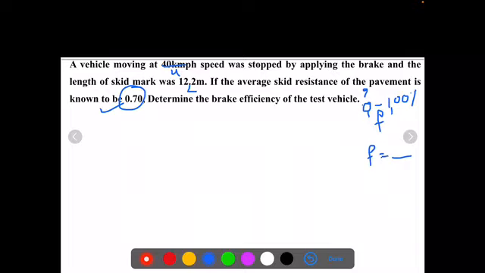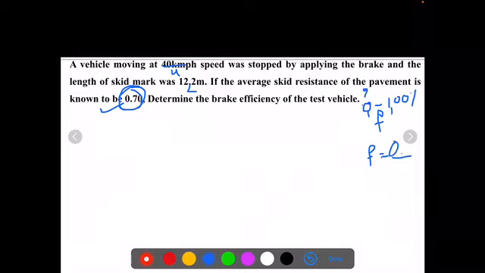So initially, when a new road is constructed, we will maintain the prescribed value of coefficient of friction, which is given by the IRC recommendation. Here they have given that for the particular pavement surface, the average skid resistance that has been designed is 0.7.